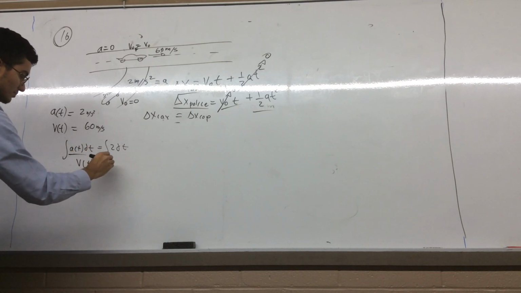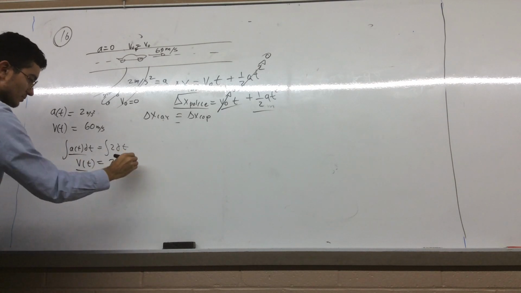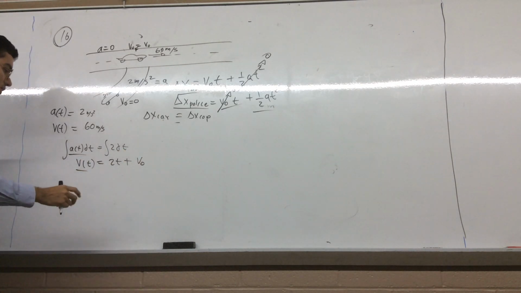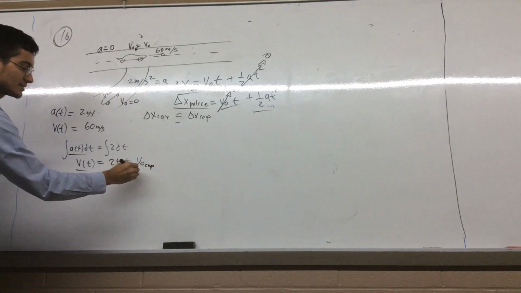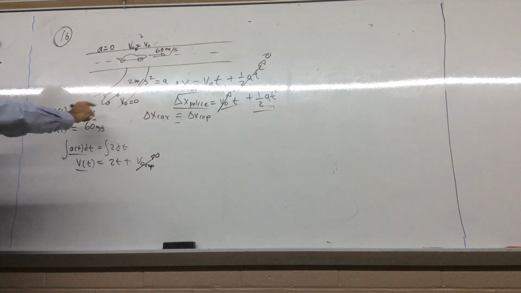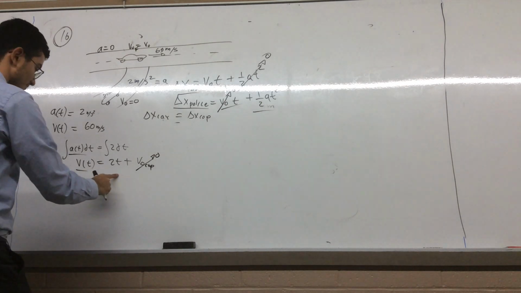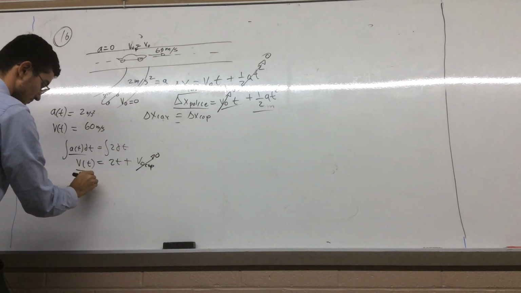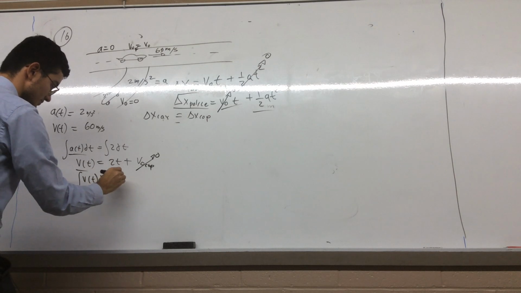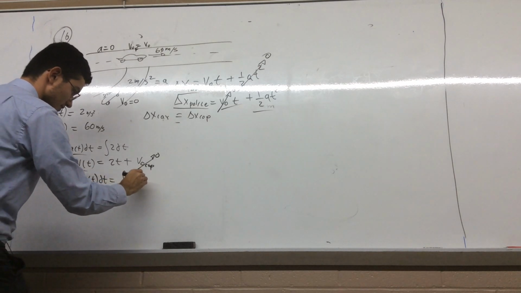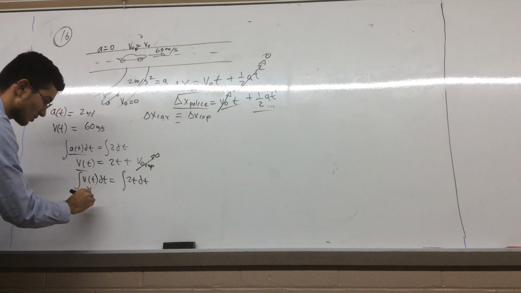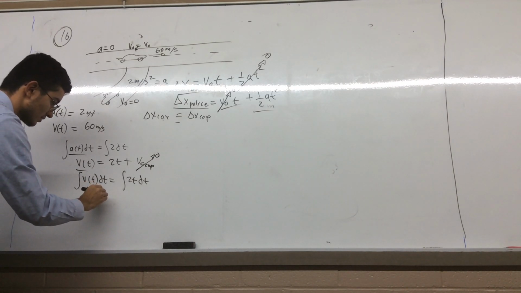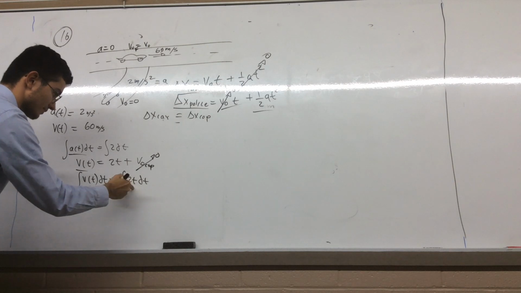That's going to be equal to 2 times t plus an initial velocity of the cop, and we know that's 0, because the initial velocity of the cop is 0. Now we take another integral, the integral of v of t dt equals the integral of 2t dt.